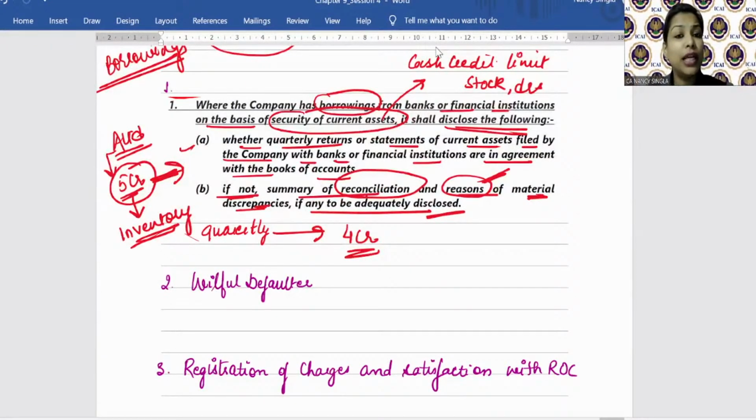Under CARO 2020, we will see that there is a responsibility on the auditor to check whether this has been done appropriately or not. There are certain limits which we will be doing in chapter number 10 in detail.